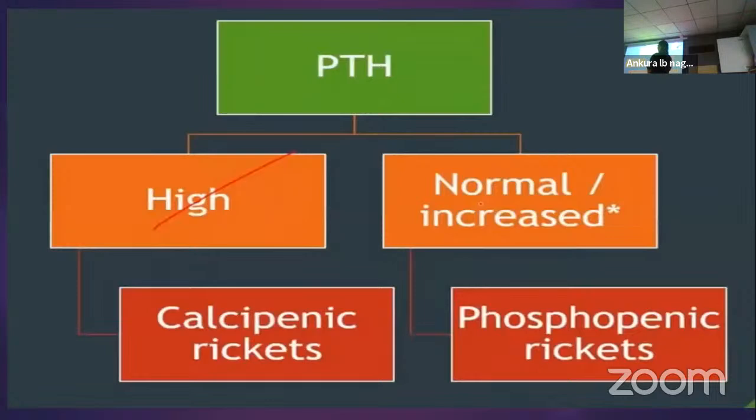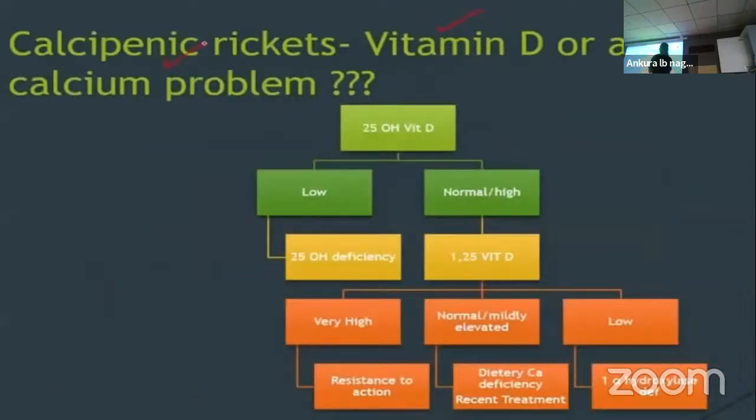As the child's PTH was normal, we suspected hypophosphatemic rickets. This is a proforma for hypocalcemic rickets. If the calcium was low, we proceed with 25 hydroxy vitamin D. If it is also low, it proves vitamin D deficiency. But in this child, the vitamin D was normal.